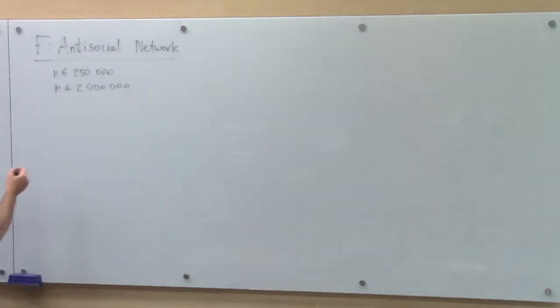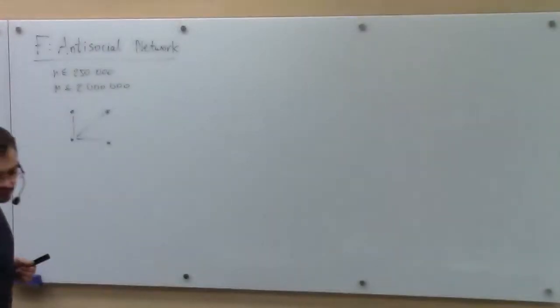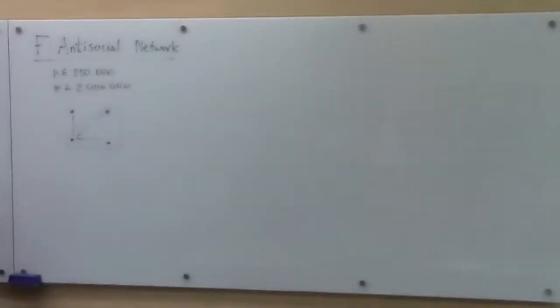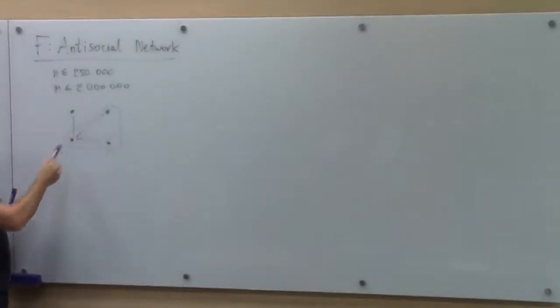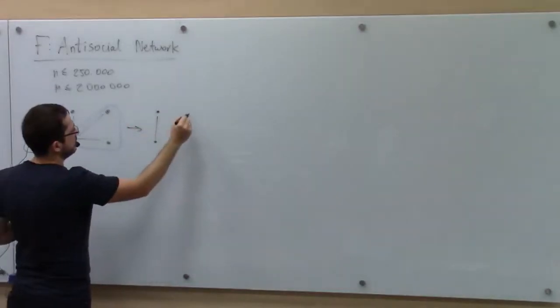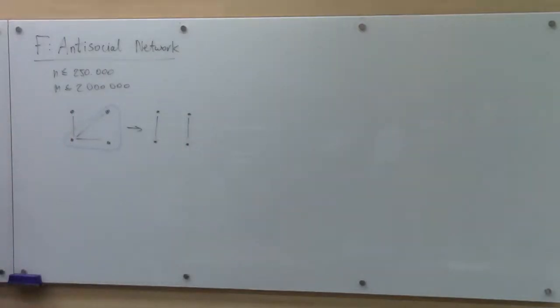For instance, if we start with a graph, let's say it has some edges, and we make an operation which consists of the set of these 3 vertices, then after this operation we remove these 2 edges and we add this one. So after this operation we got something like this.